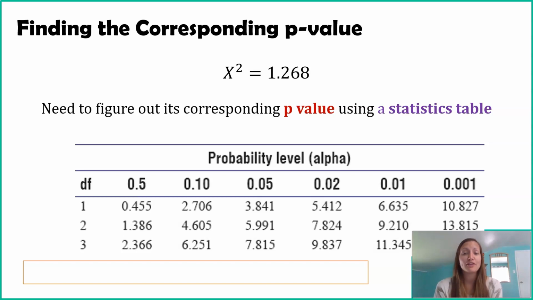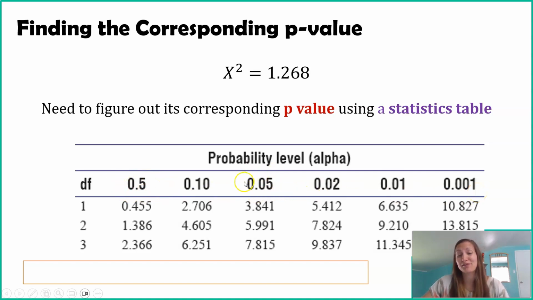So here I've given you a quick, small snippet of a chi-square table. Along the top, it says probability level or alpha. You can essentially interpret this as p-values. Remember, alpha is a p-value. It's just your threshold value. So here we've got 0.5 all the way to 0.001.